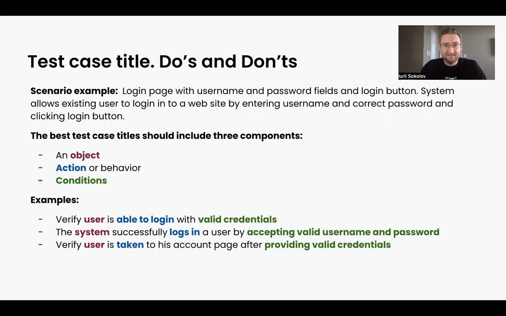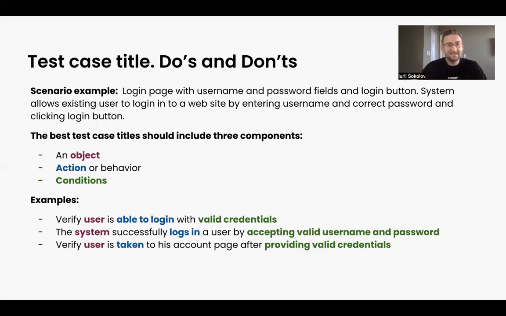Same scenario: we have a login page, username and password fields, and a button which, when clicked, logs in the user. The system allows an existing user to log into a website by entering a username and correct password and clicking the login button.